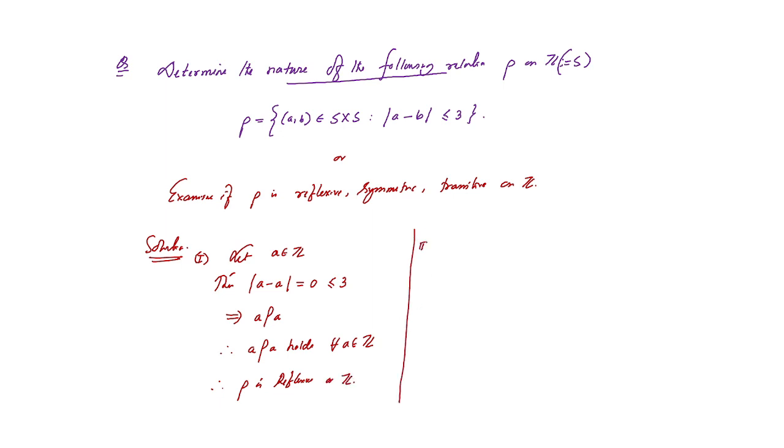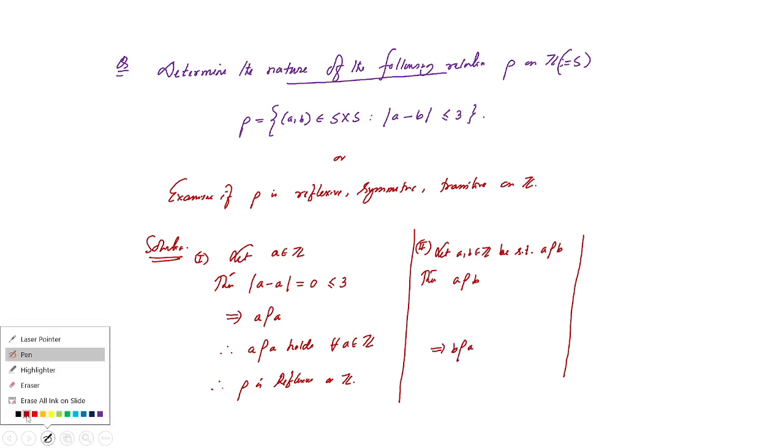Now we'll check whether it is symmetric or not. For checking symmetry, we will consider A, B belonging to Z such that A ρ B holds. Then from A ρ B, we need to show B ρ A. What is the meaning of A ρ B?